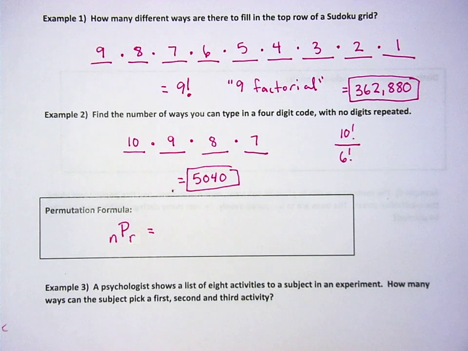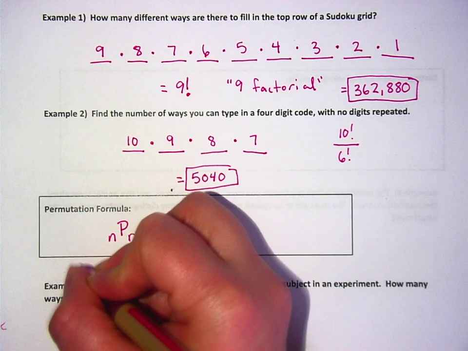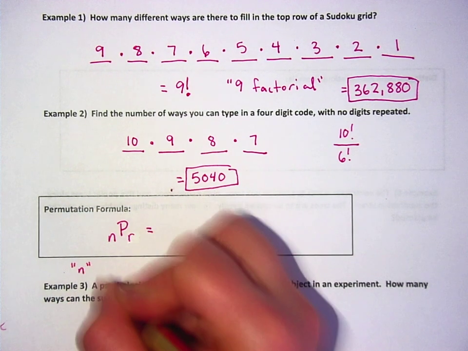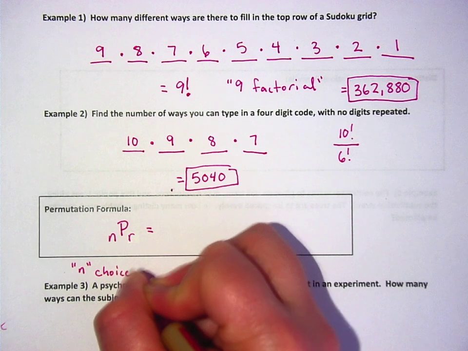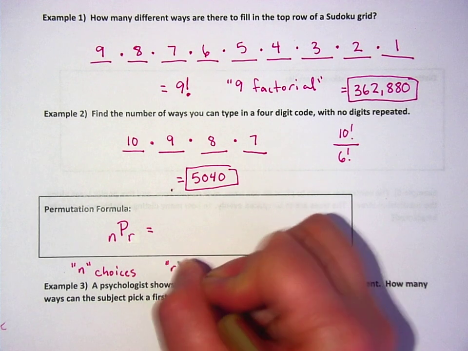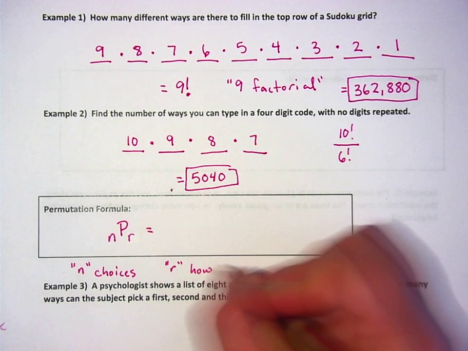Okay, so I'm going to write down below it, this means that there are n choices to choose from, and r is how many you want.